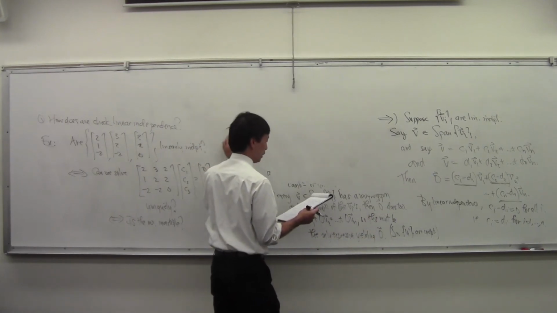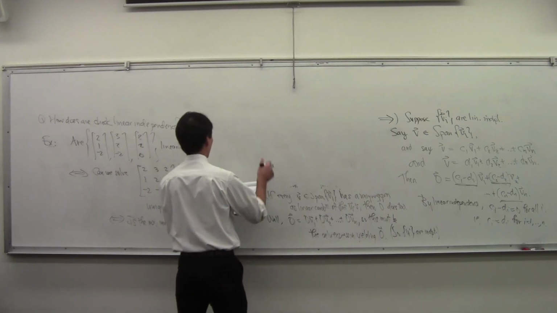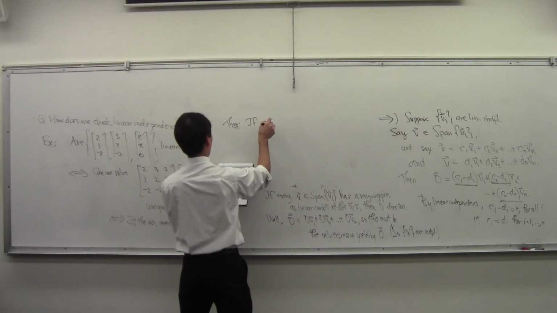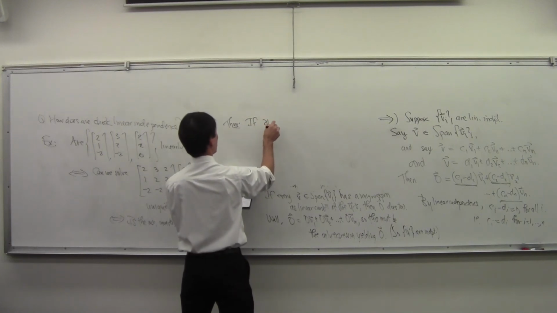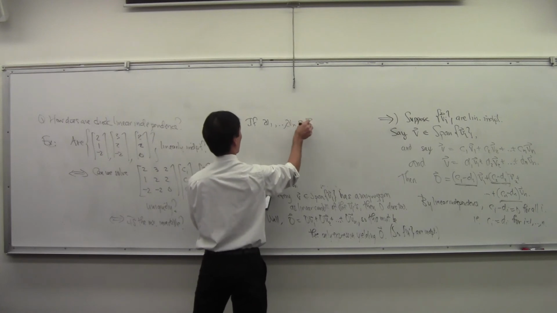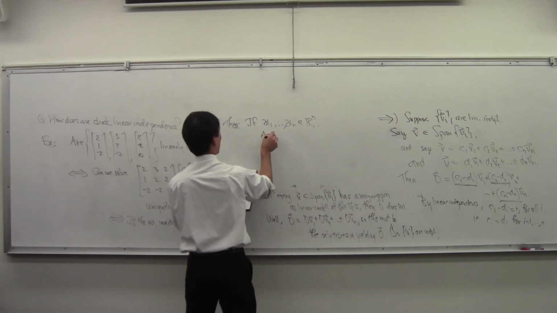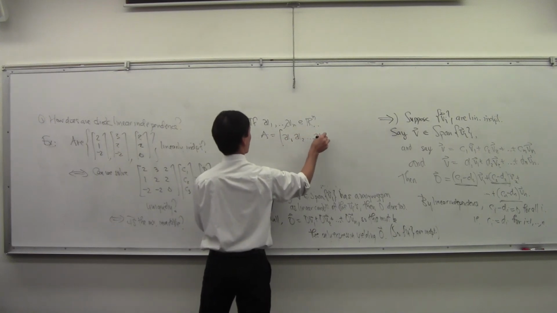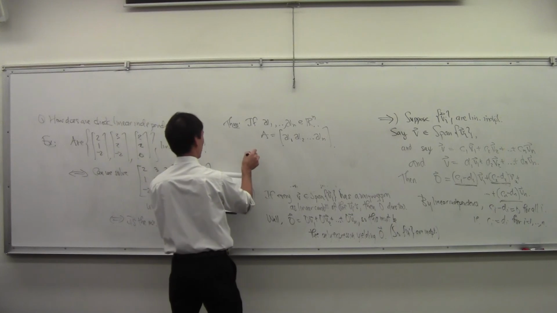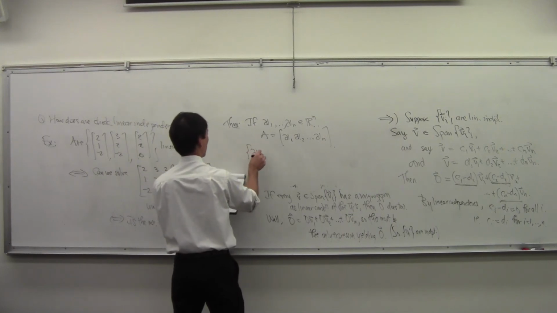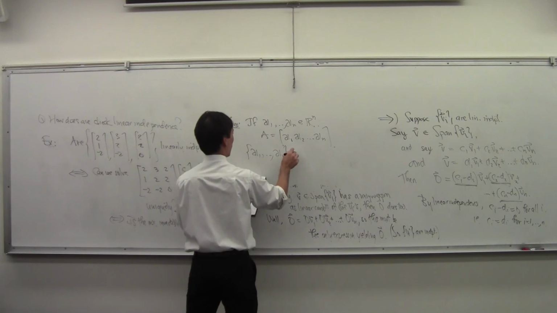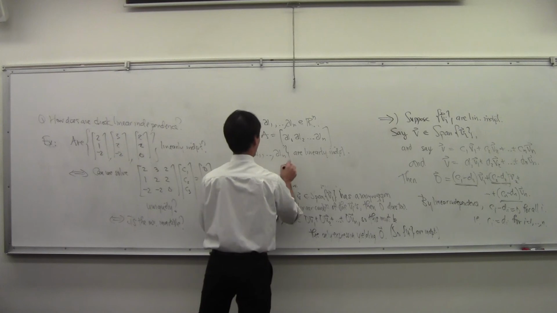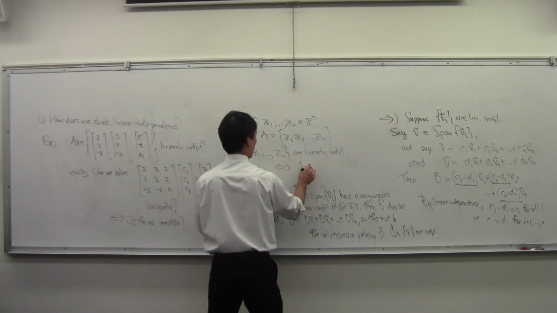Okay. So we have a theorem. If the vectors a1 through an are in Rn, and A is the matrix with these guys as the columns, then the ai are linearly independent if and only if A is invertible.